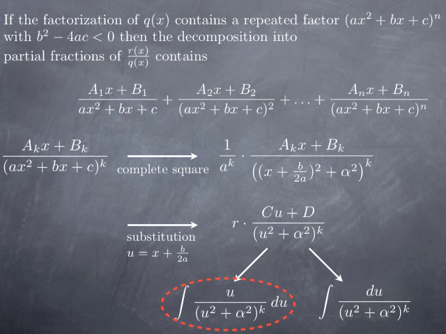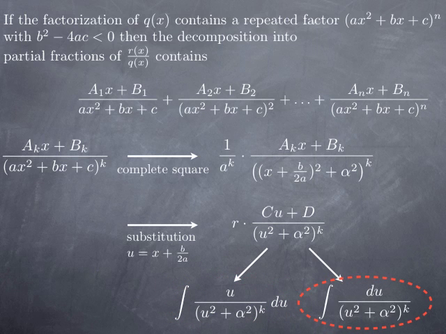At the top, we have u du, and at the bottom, we have a power of something of the form u squared plus alpha squared, whose derivative is 2u du. So in other words, if I set v equal u squared plus alpha squared, I get 1/2 integral of dv over v to the k, and that can be integrated. So we have no problem with this part.